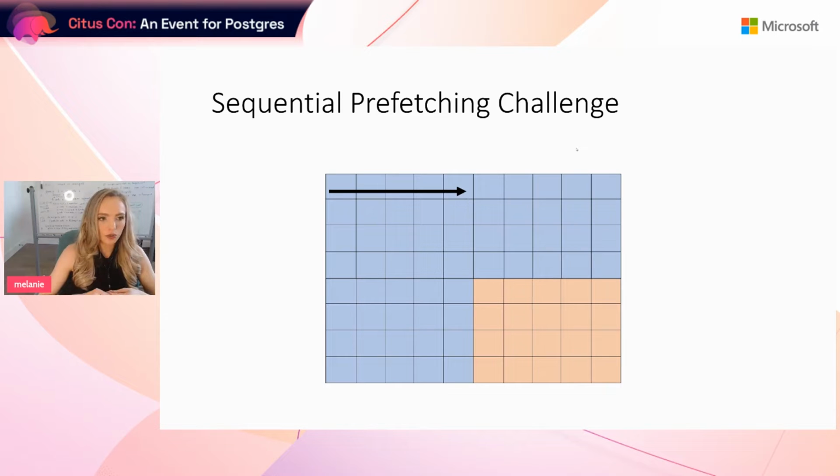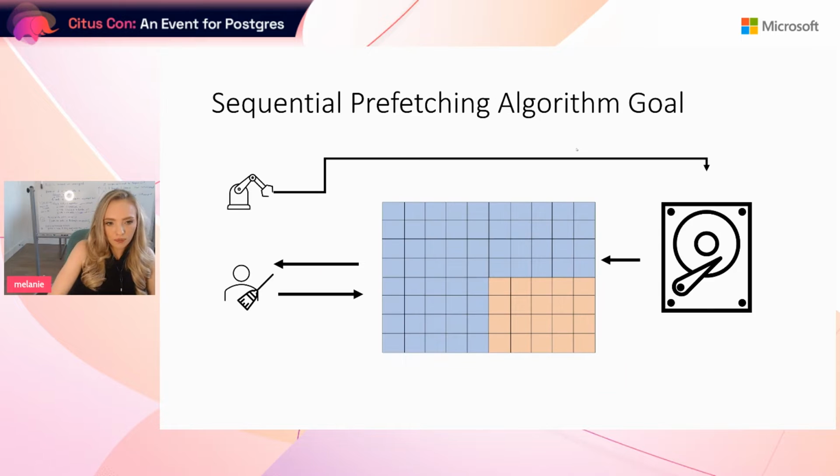So you need to make sure that you decrease memory usage and only use as many buffers as you need for the blocks that are going to actually be read, and you want it to be just in time or have a little bit of a buffer. So the goal is to keep the number of buffers being used, or the memory being used for the query, as low as possible while having the consumer not wait at all.